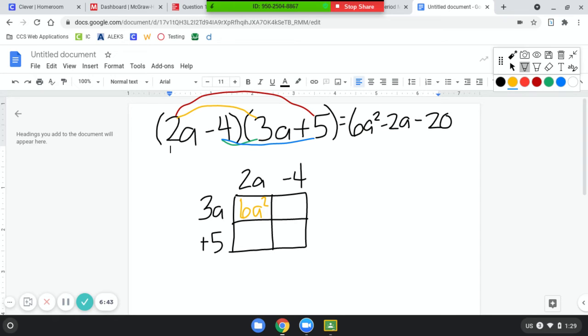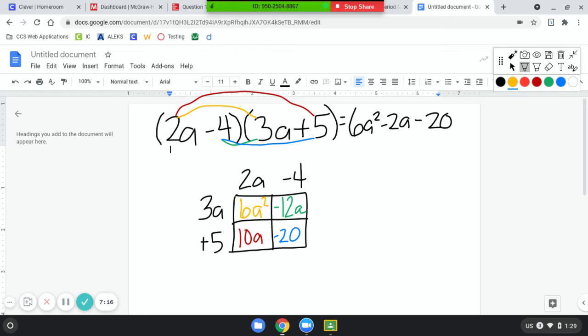Then for -4 multiplying 3, that's represented in green. So -4 times 3 is -12, and then there's an a. Next, we would have 2a times 5. That's going to give us 10a. And then we have -4 times 5, which is going to give us -20.